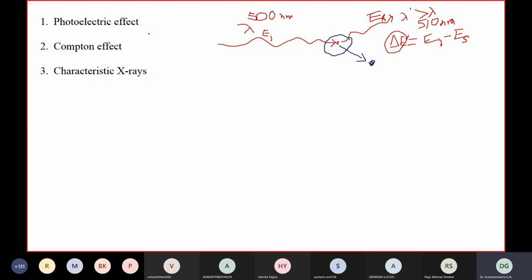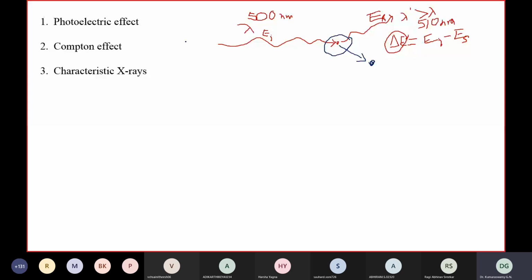For that, the incident photon needs to have some minimum frequency, which we call the threshold frequency. When we bring in this concept, that means the incident photon or the light ray should have a minimum frequency. The basic characteristic of the wave, that there is a continuous deposition of energy, we lose it, right?